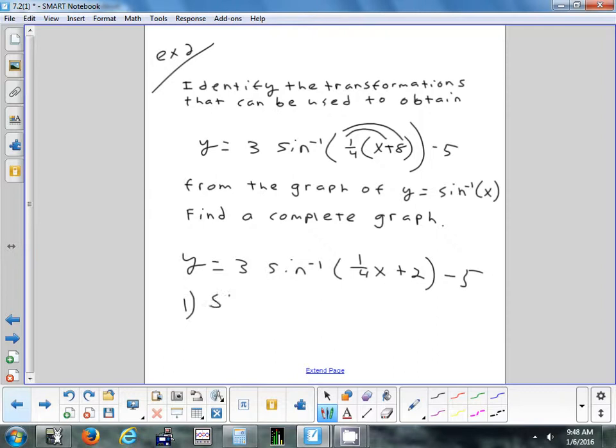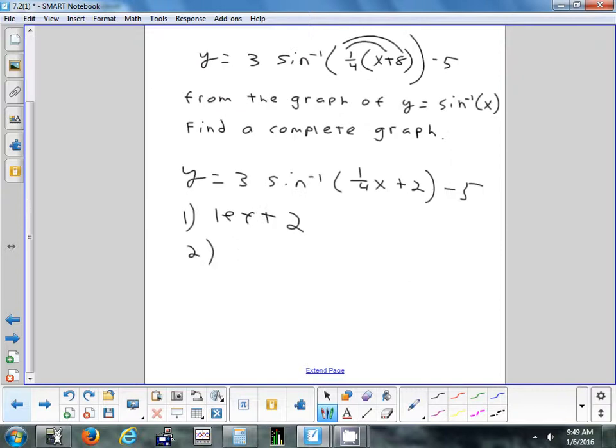Shift left 2. What about this 1/4? Be careful. That's a horizontal stretch by how much? By 4. Remember, this does the opposite of what you would think. Small numbers stretch. So horizontal stretch by a factor of 4.